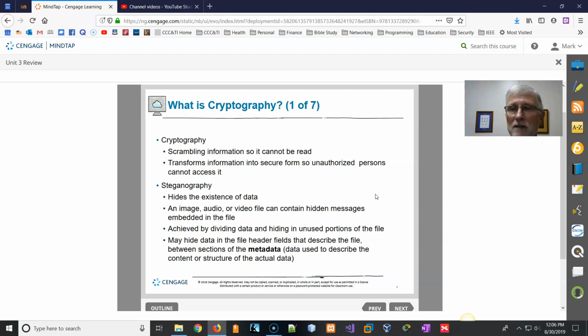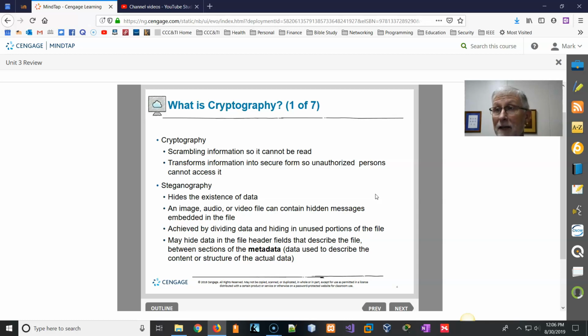Now, there's another thing that is also out there called steganography, and basically that hides the existence of data. Like on an image or an audio file or video file, you can contain embedded messages. That is achieved by dividing data into smaller packets and then hiding them in the unused portions of the file you're trying to hide it in.